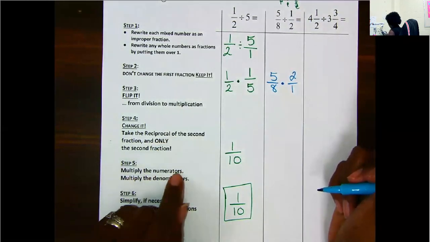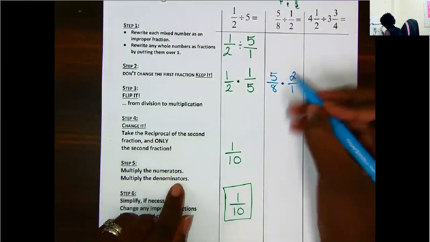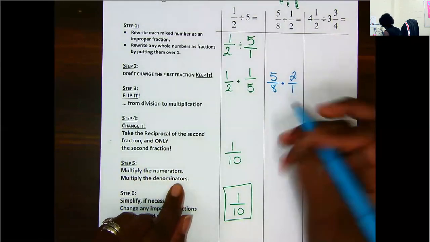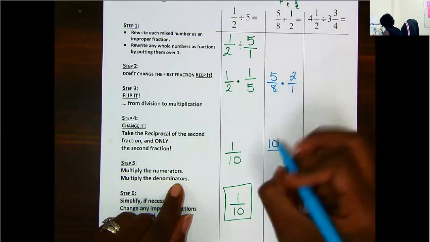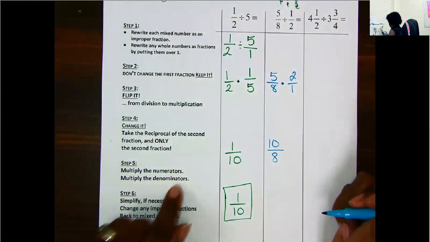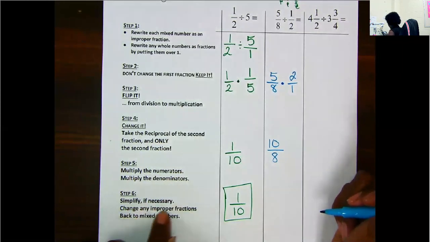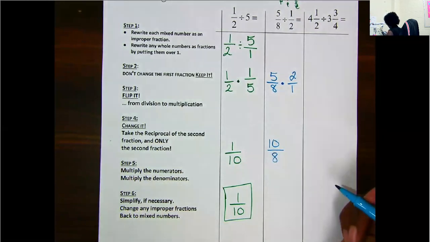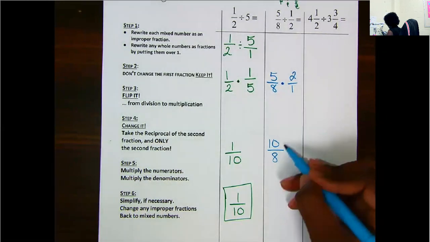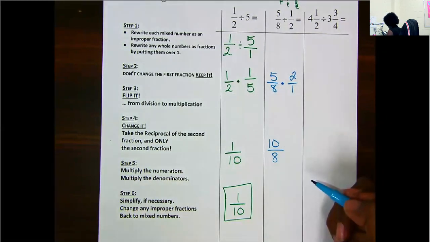Then it says to multiply the numerator, multiply the denominator. 5 times 2 is 10. 8 times 1 is 8. Then simplify. Change any improper fraction back to a mixed number. So this one happens to be an improper fraction. How do I change it back? But wait a minute.